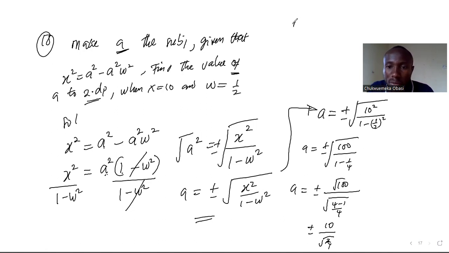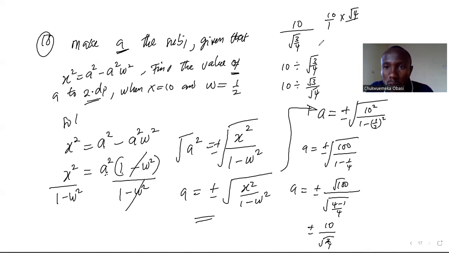And we have 10 over square root of 3 over 4. This is like saying 10 divided by square root of 3 over 4. And this is 10 divided by square root of 3 over square root of 4, which is 2, right? And so this is like saying 10 over 1 times square root of 4 over square root of 3.